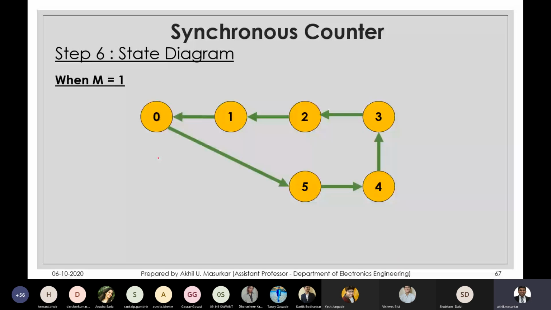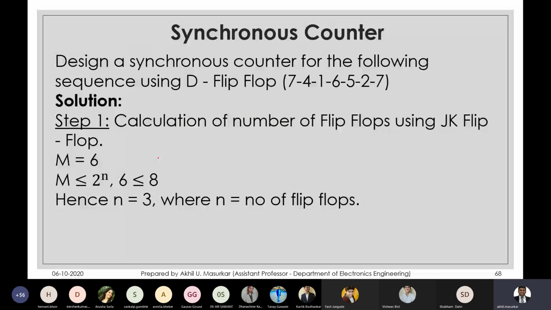So lock free is a homework for you that you will do based on this diagram itself. And now you will design this completely on your own.